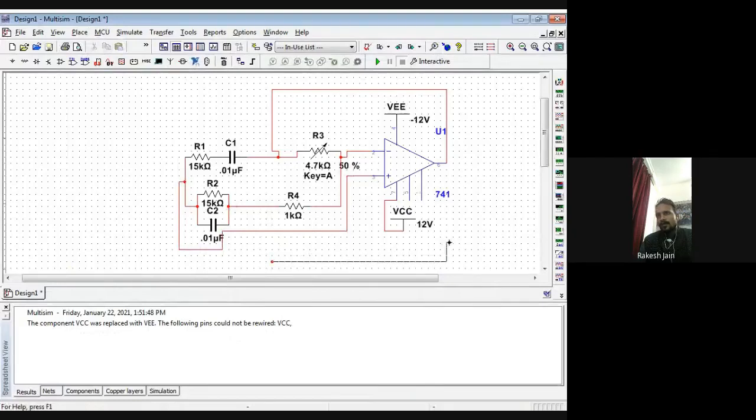So let's suppose this is in the ground point.